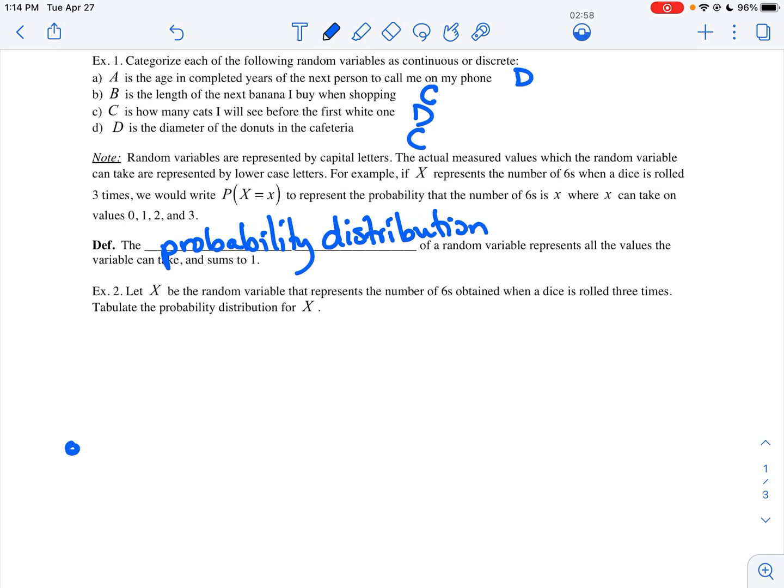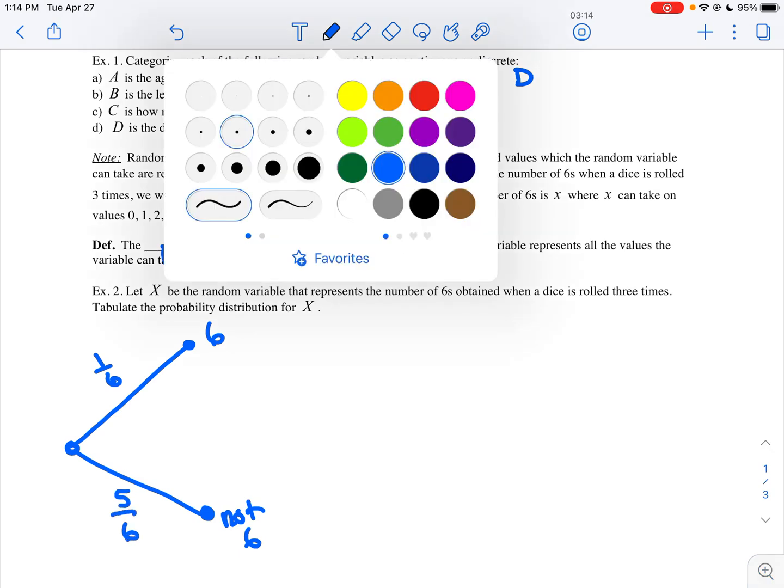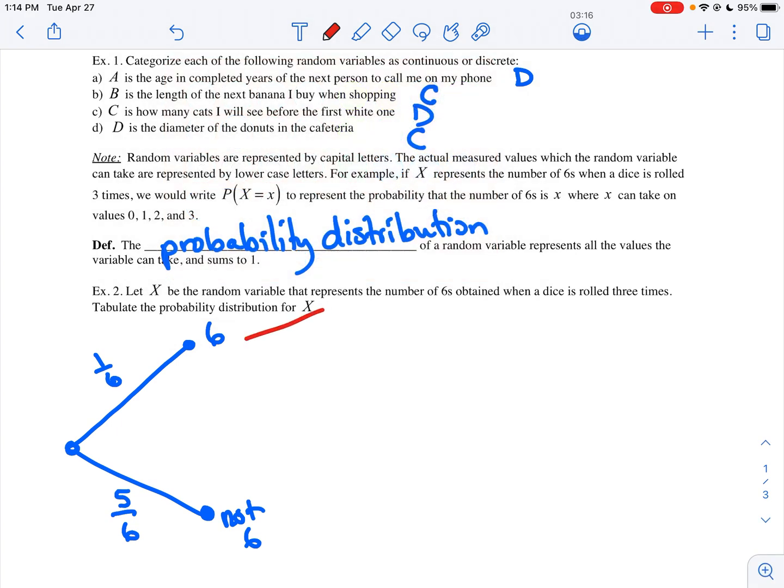So on your first roll, the probability of getting a 6 is 1 out of 6. But then the probability of not getting a 6 would be 5 out of 6. That's your first roll. On the second roll, you can get a 6 or not a 6.